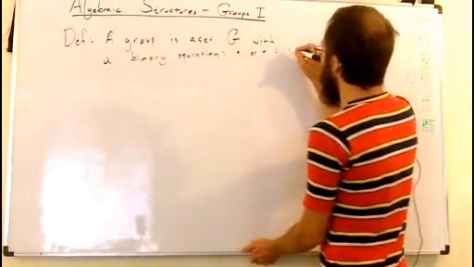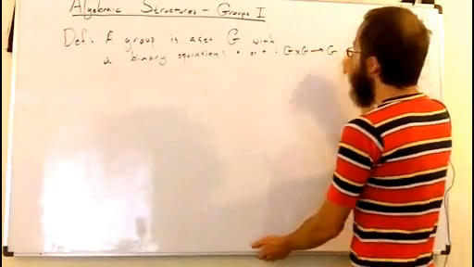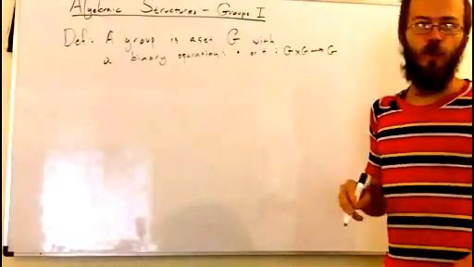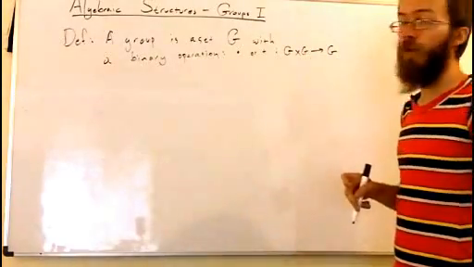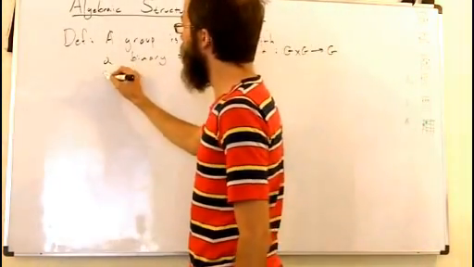It's going to be a map from G cross G to G, which means that it takes two elements of G and spits out another element of G, satisfying some extra conditions.